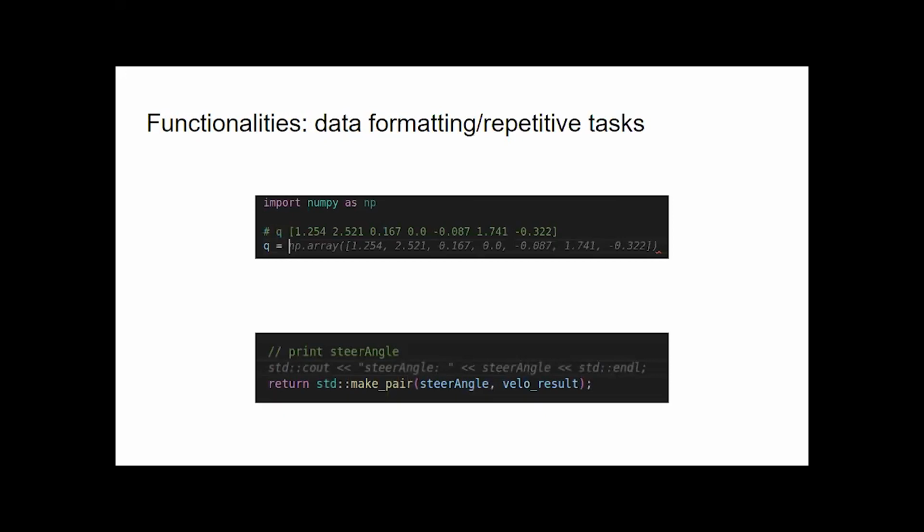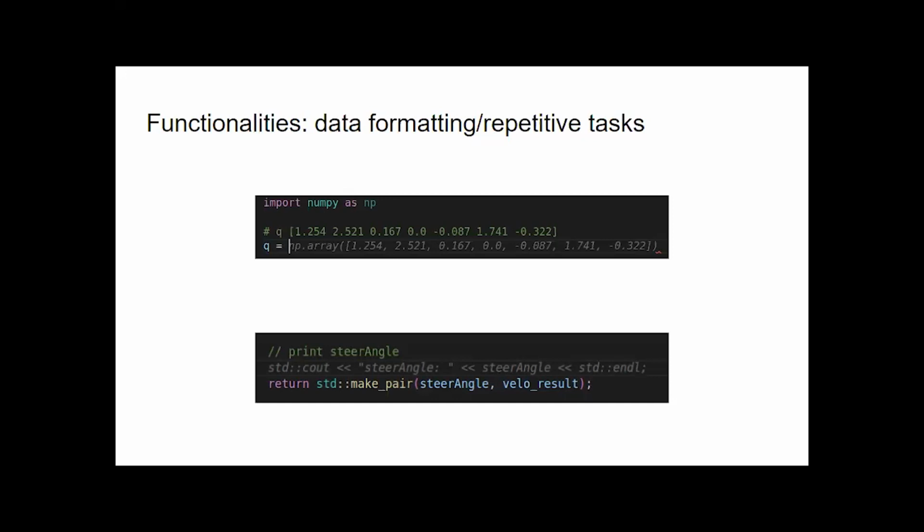One of the things GitHub Copilot is really good at is very cumbersome tasks, such as data formatting or repetitive tasks. I'm pretty sure you can see the first image, and this situation happened to you before.